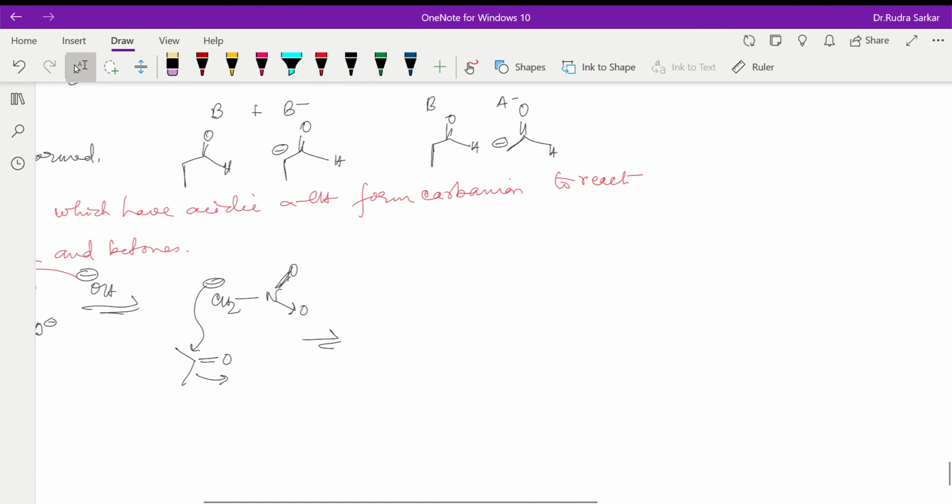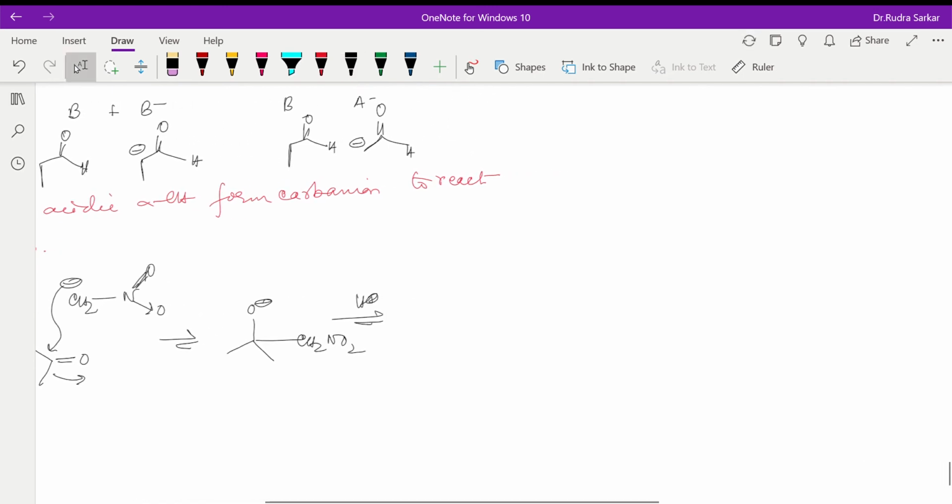Okay. Something like that, undergoing proton exchange.